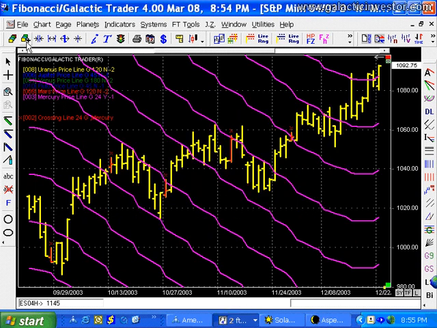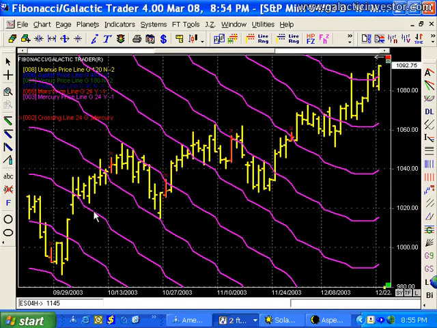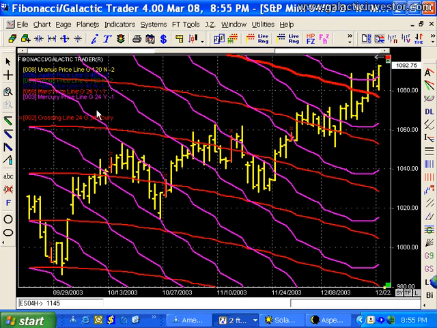So we can click on the Mars line once again and change the setting to 24. Change it to mirror, change it to -1, and right click on it so it shows.